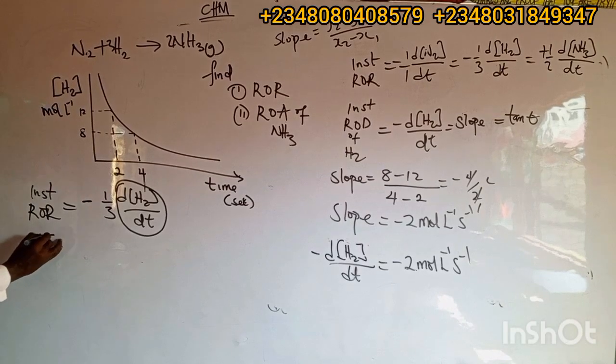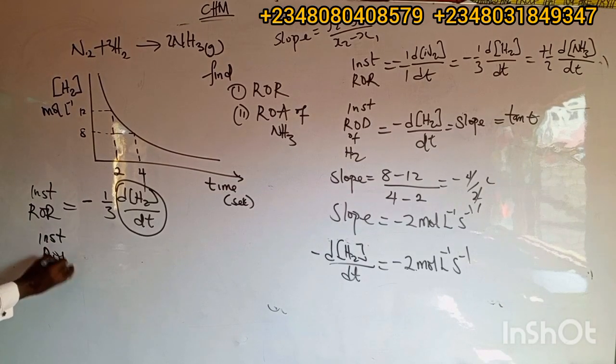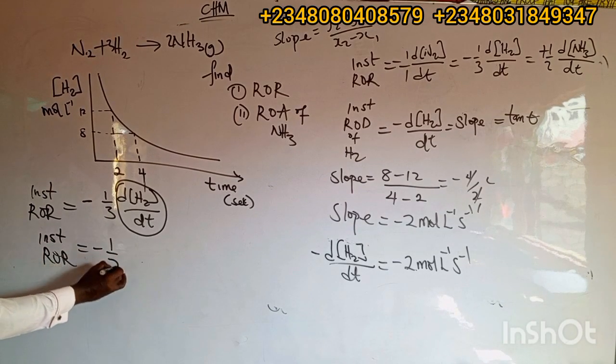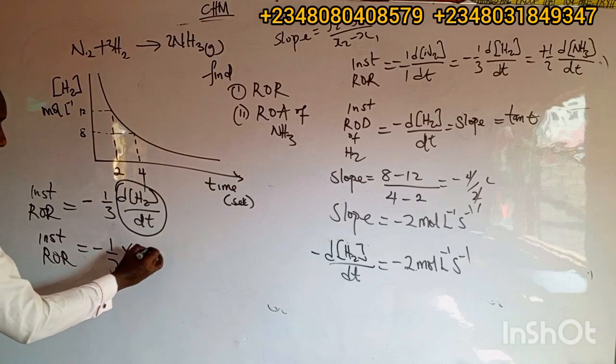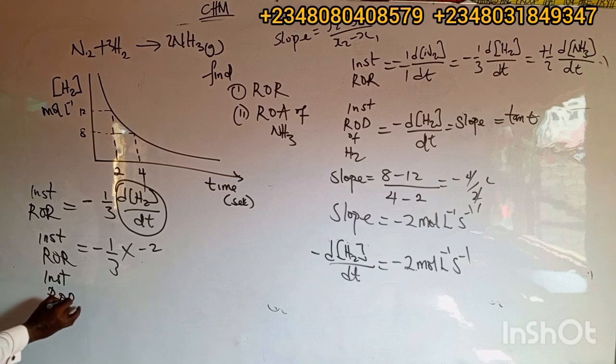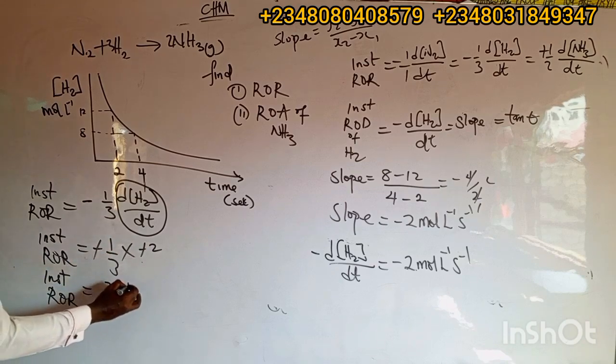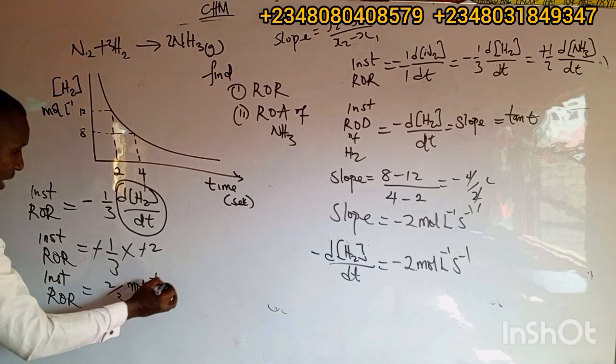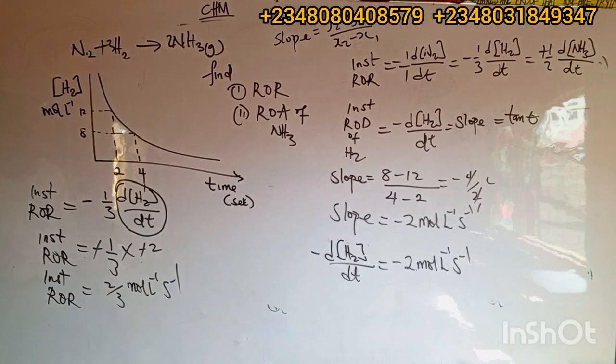You have instantaneous rate of reaction equal to minus 1 over 3 times minus 2, which is instantaneous rate of reaction equal to 2 over 3 mole per liter per second. That is the instantaneous rate of reaction.